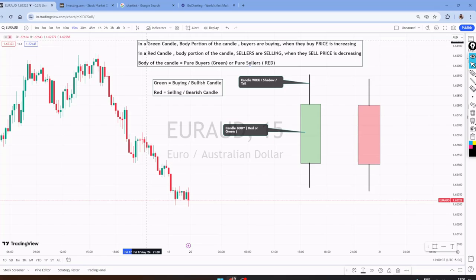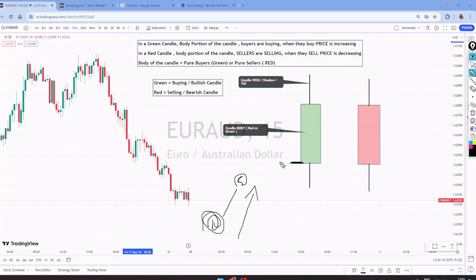So now where is the green candle starting? It is starting here. Exactly, the rectangle box is started here. Why am I saying it is starting here? Here the green candle is opening or starting, because green candle means buyers are buying. When buyers buy, price increases, so it will be in ascending order, right? So from 1 rupee it is going to 5 rupee. It's an ascending order, right? So it starts from the bottom and ends at the top.